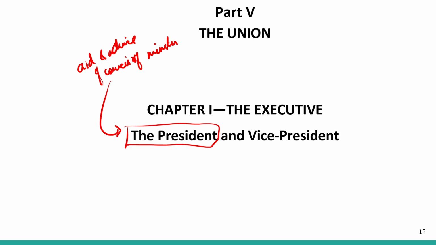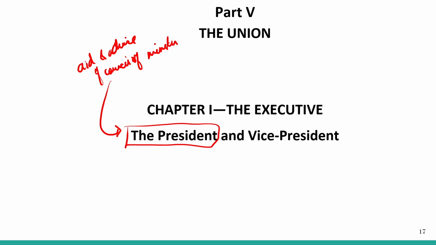When we talk about part 5 of the Constitution and its relevancy with the CLAT examination, we have to be very specific about which article we are going to refer to and which article should be exempted. I will be going through each and every article, but those articles which are not relevant, we will be skipping and we will be directly moving forward with the relevant ones.